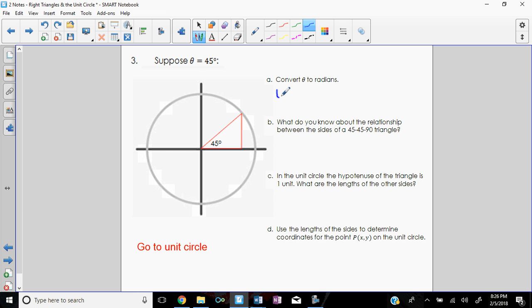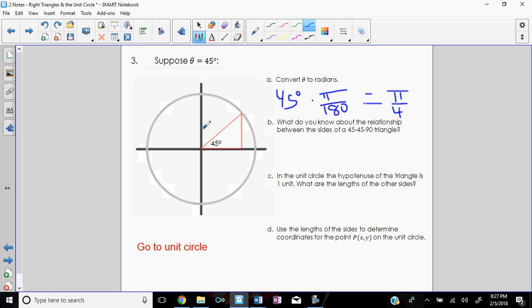If I've got 45 degrees and I convert to radians, remember we're multiplying by pi over 180. And if I do this, I'm going to end up with pi over 4. So a 45-degree angle is going to be equivalent to pi over 4.